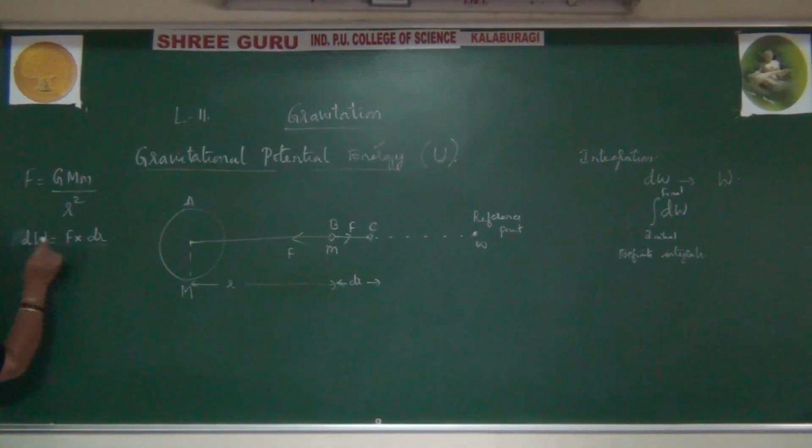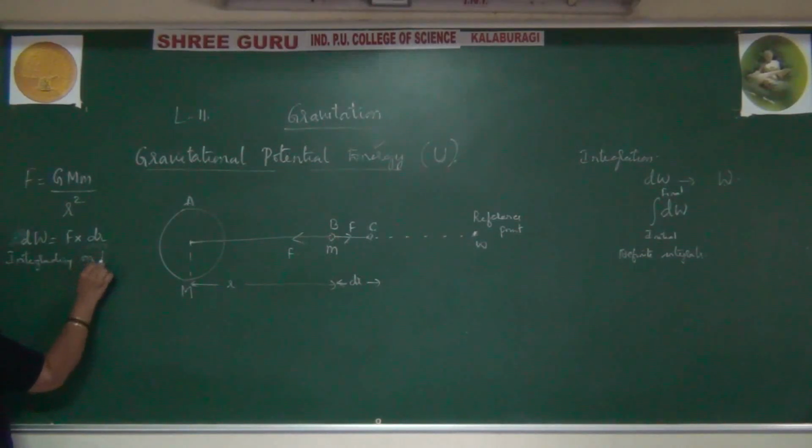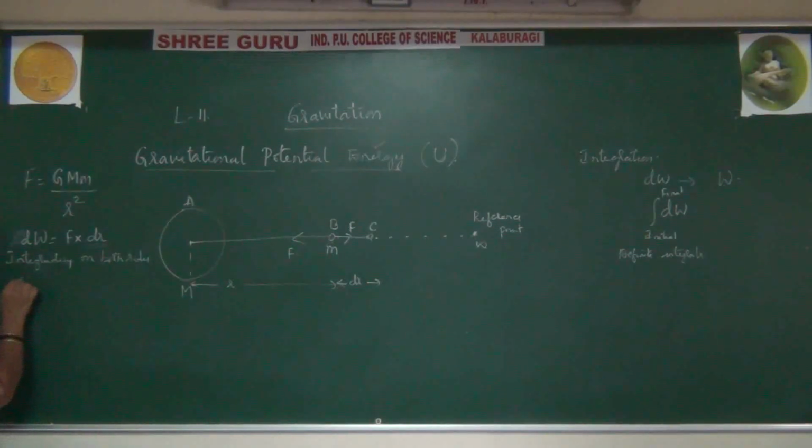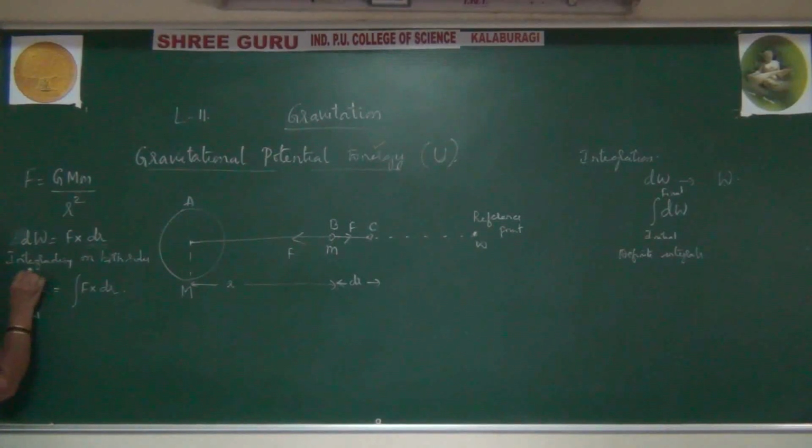If I integrate on both sides, then the integral of dW is equal to the integral of F into dr. But here we have some limits. This is the initial point. This is the final point.